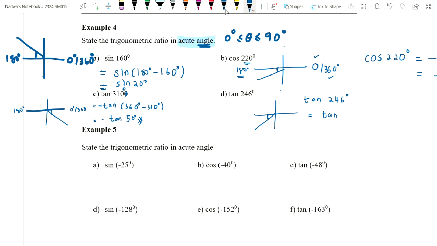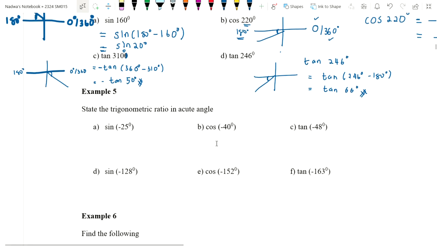We don't have to put negative because tangent is positive in the third quadrant. 246 degree minus 180, which is 246 minus 180. It is tangent 66 degree. Okay, so this is how you state the trigonometric ratio in acute angle. Okay, next.